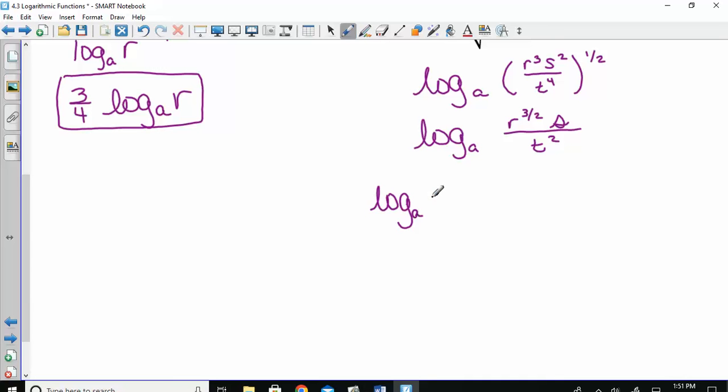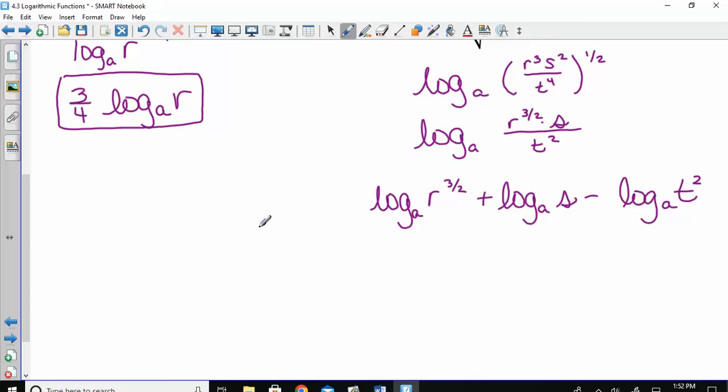So we have the log base a of r to the 3/2. R was multiplied with s, so plus log base a of s, divided by the t, so we need to subtract. If you have multiple things on the bottom, like if I had an X down here, I would also subtract that one off.